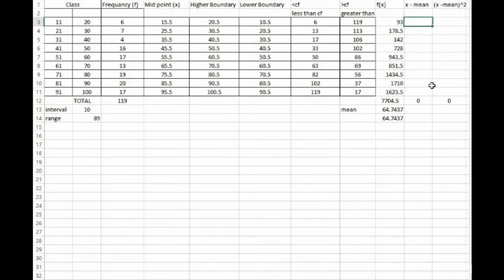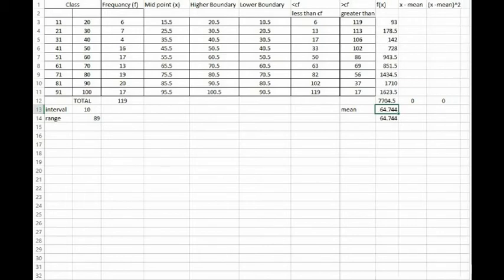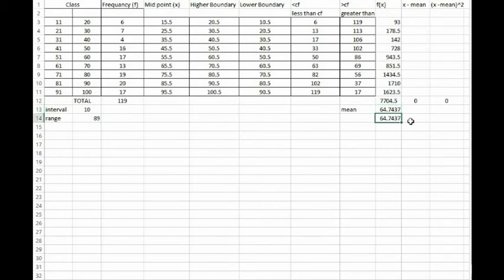Kasi kung mapapansin nyo, kapag in-extend ko to, yung ating mean ay madaming decimal. Pero dahil sa requirement ko is up to 4 decimal places lang, ayan, kailangan kong maglagay ng constant. So, we have this one, x minus mean. So, the midpoint minus the mean hanggang sa makababa.